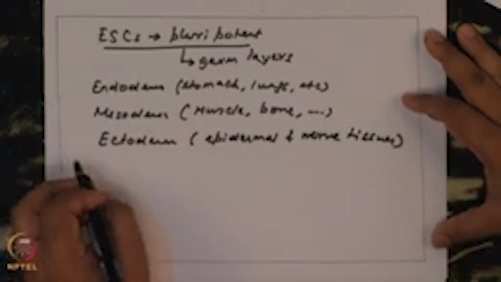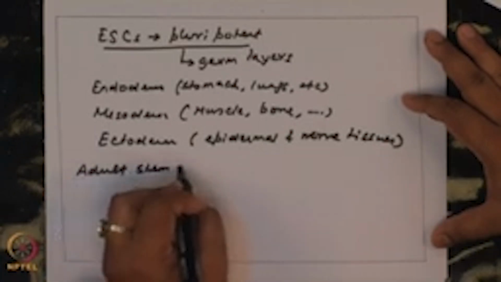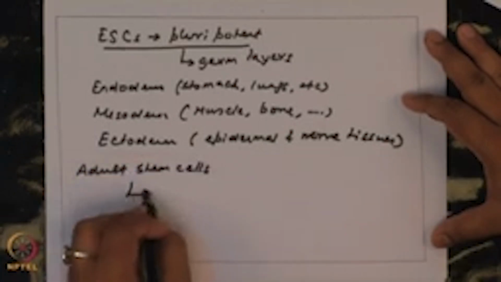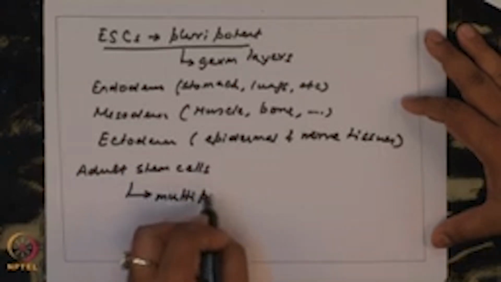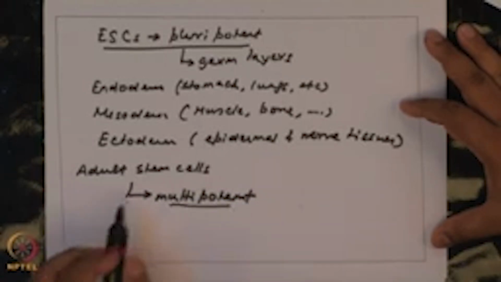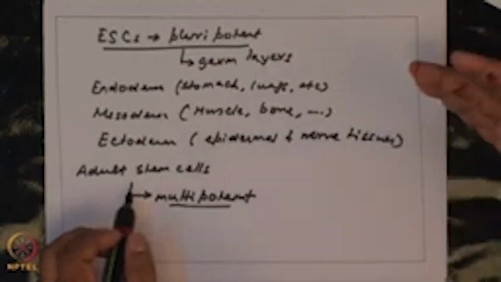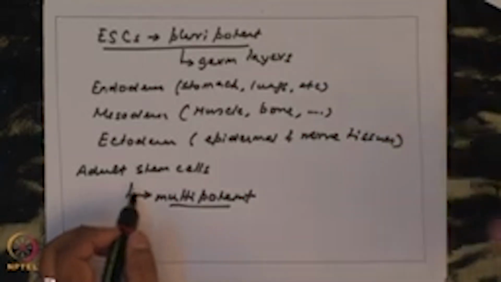In comparison, you have adult stem cells, they are what is called multipotent. Their ability to differentiate into all different cell types is not possible.